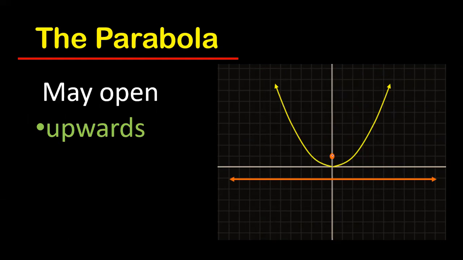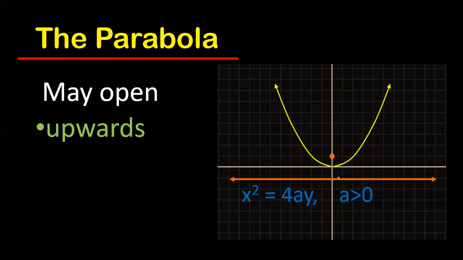The focus of the parabola, if it opens upwards, is above the origin, while the directrix is below the x-axis. When is this the case?